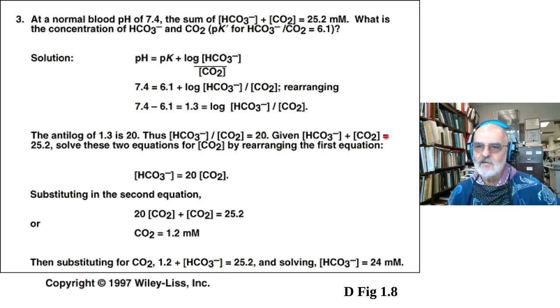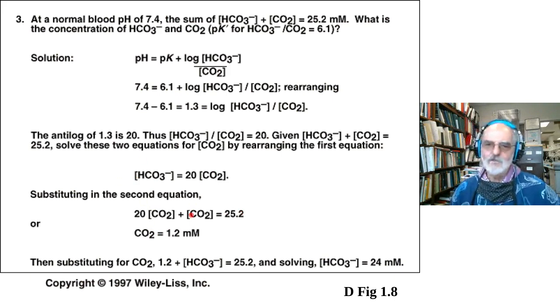And bicarb plus CO2 is 25.2. So we have two equations, we have two unknowns. Okay, so if we rearrange this equation so that bicarb is equal to 20 times CO2, and then we plug 20 CO2 into the second equation, so we have 20 CO2 for bicarb plus CO2 is equal to 25.2.